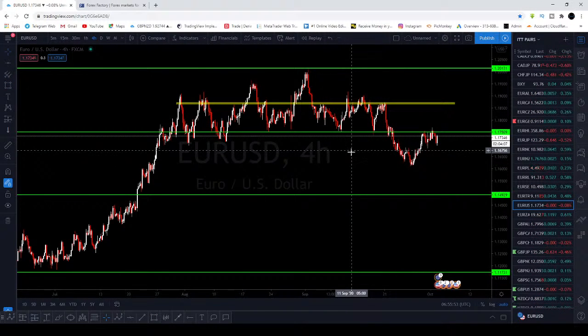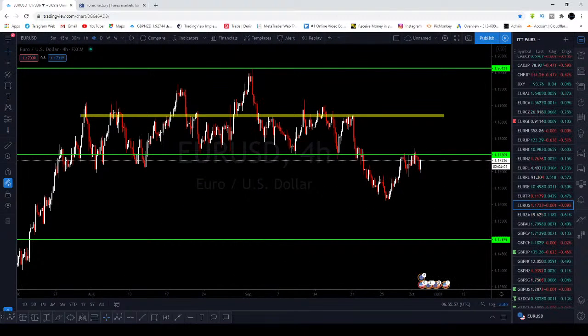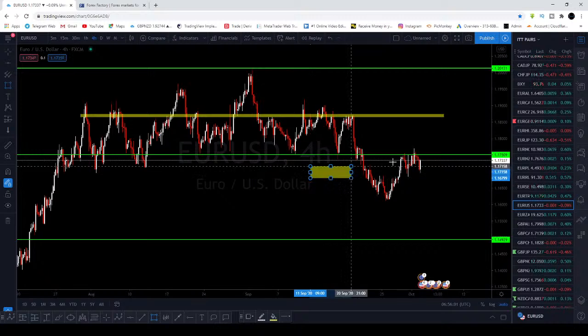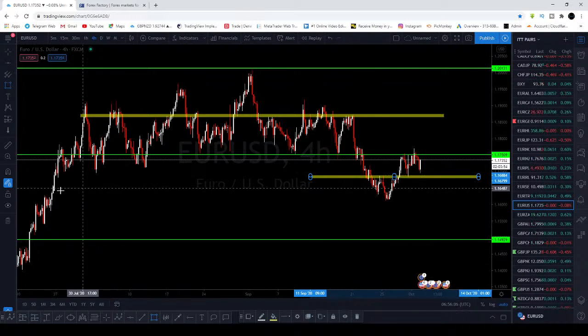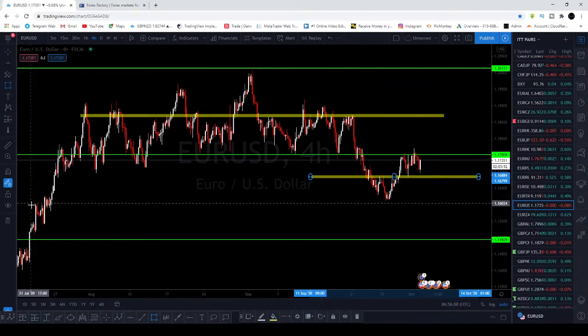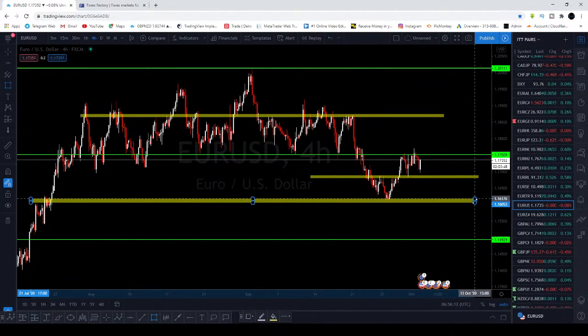If you zoom in, you will see something here, right? You see something right here. That's the reason why the market bought right there and right there as well. You see some things.